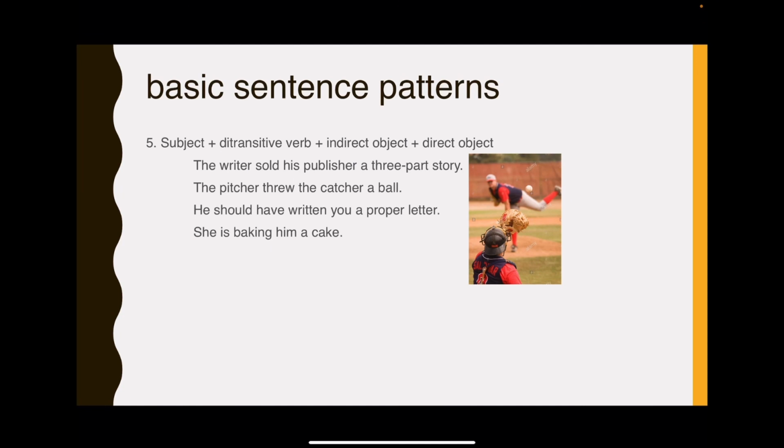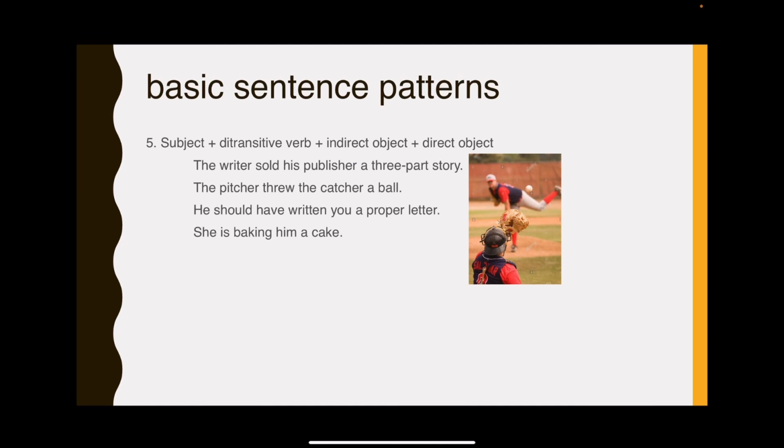So you can see that if you can answer the question "what", that will be the direct object. For example, like the last sentence, what is she baking? Oh, she's baking a cake, right? But if you can answer the question like "for whom" or "to whom", that should be the position of the indirect object.